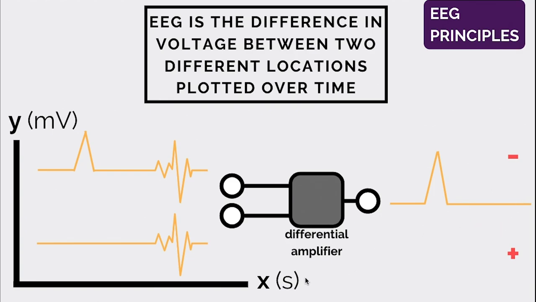However, the upgoing waveform at input 1 is not seen on input 2. So since it, again, captures the difference between the two inputs, it's going to be shown in the output waveform. We should all remember that on EEG, everything that goes up is negative, and everything that goes down is positive. And that's very random, but it's the convention we use.